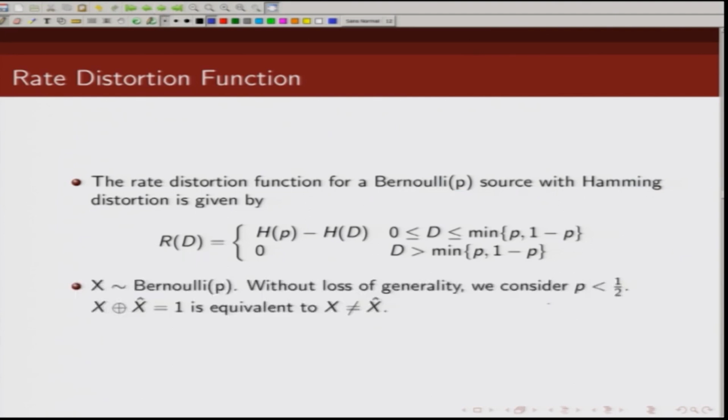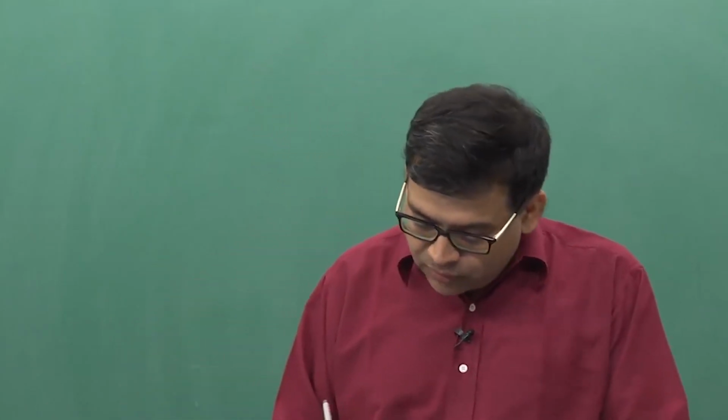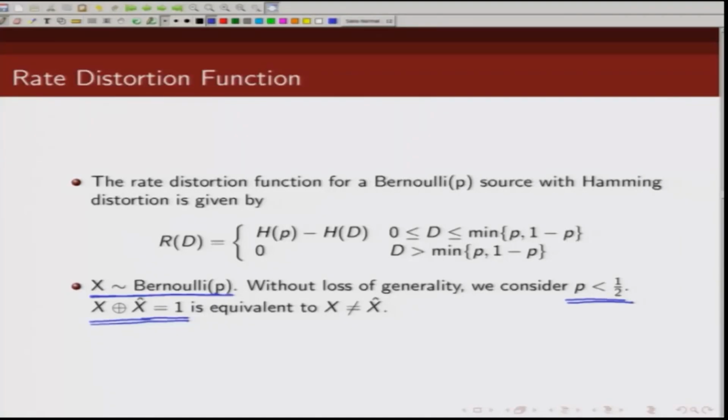Now without loss of generality, let us assume that this p is less than half. We are considering a Bernoulli source, which is a binary source. So x XOR x hat equal to 1 means x is not the same as x hat.